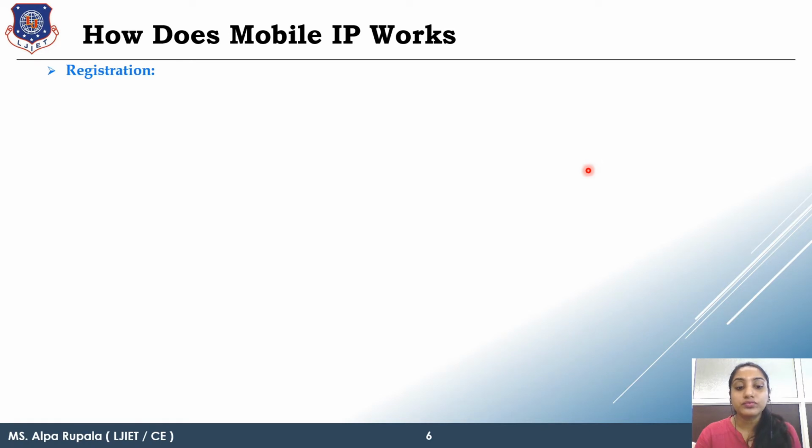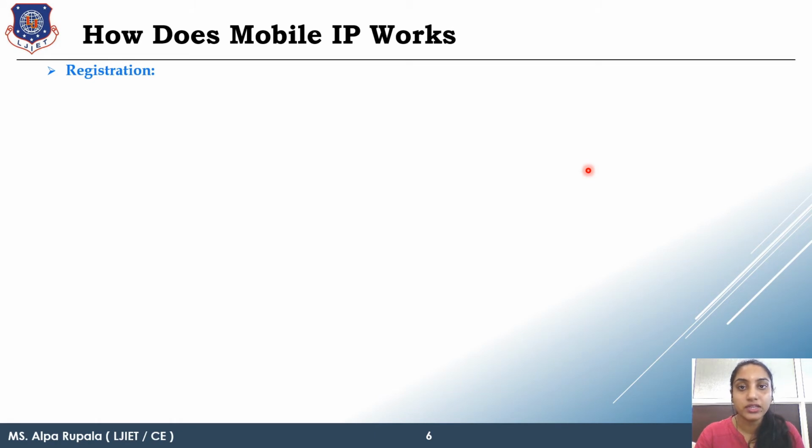Now, the next process is registration. After the discovery process, your mobile node will have the knowledge that it is in a foreign network. It is not in a home network.